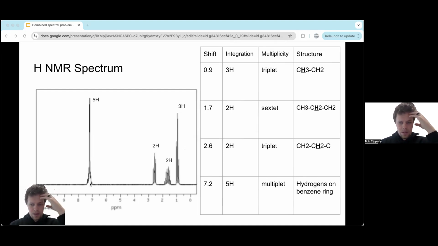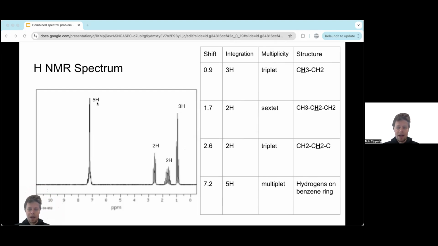Then much further downfield, we have the large signal coming from a multiplet. And this has an integration of 5H. So this is likely all of the hydrogens on the benzene ring. And they're all very close together on the signal, which is why it looks the way it does, because they're all very similar in structure.